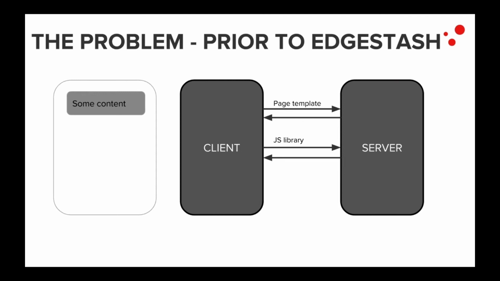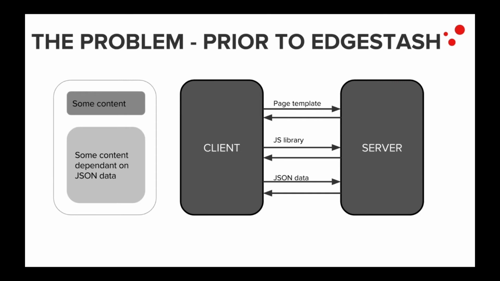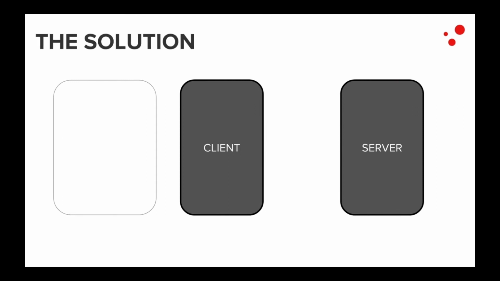Now the client also has the JavaScript library, but without a JSON file, the web browser is not capable of rendering the page. So the client will have to issue another request before it's completely capable of rendering the page. As you can see, those are 3 round trips. And it obviously takes time and it consumes bandwidth again.